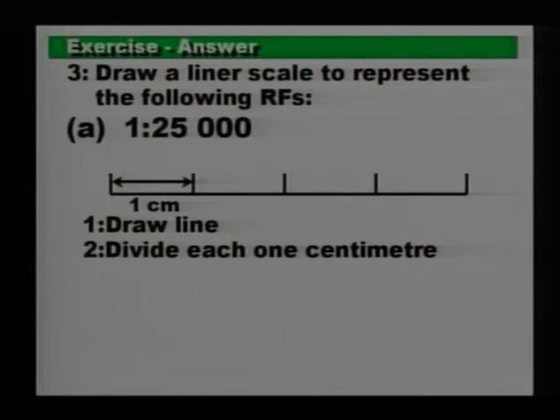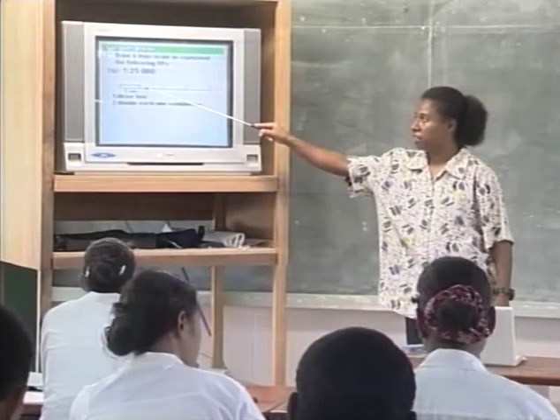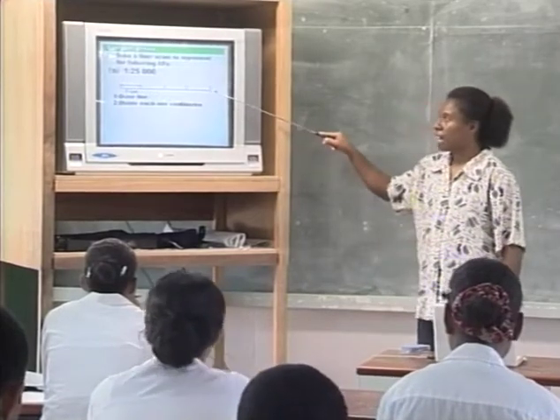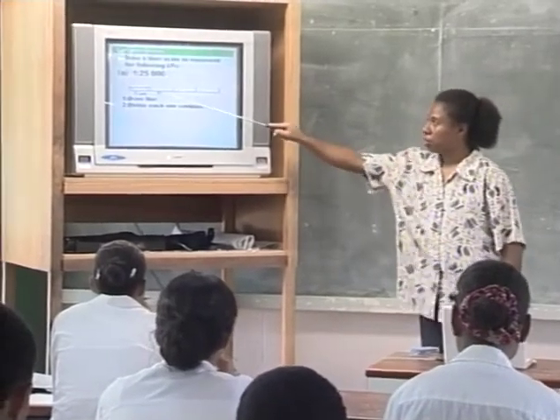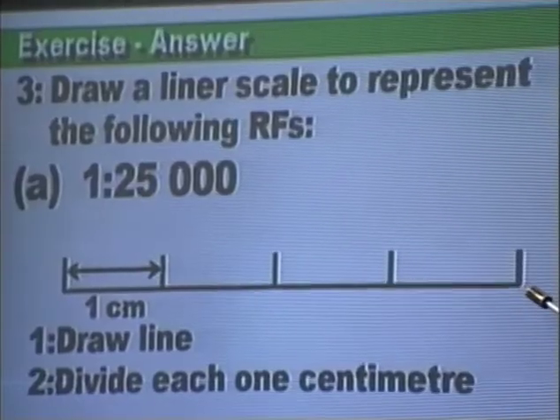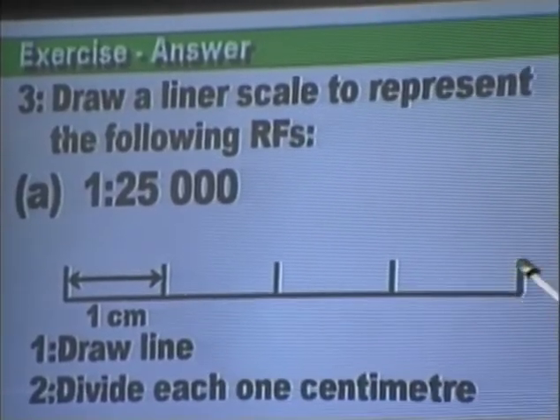So for the example given there, if this was a centimeter, the division that is, then the total length of the particular line drawn there will be 1, 2, 3, 4 centimeters. So using the ruler, you measure 4 centimeters or more.